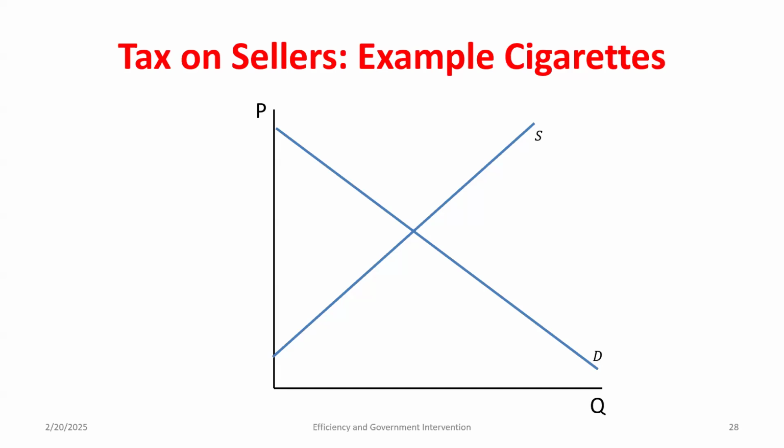Whatever that amount is, minus the value of the tax. What's the difference between the supply curve and the supply curve with the tax? The value of the tax. So notice, the price the consumer pays is the price the seller keeps plus the tax. Another way of writing that, the price the consumer pays minus the tax is the price that the seller gets to keep.